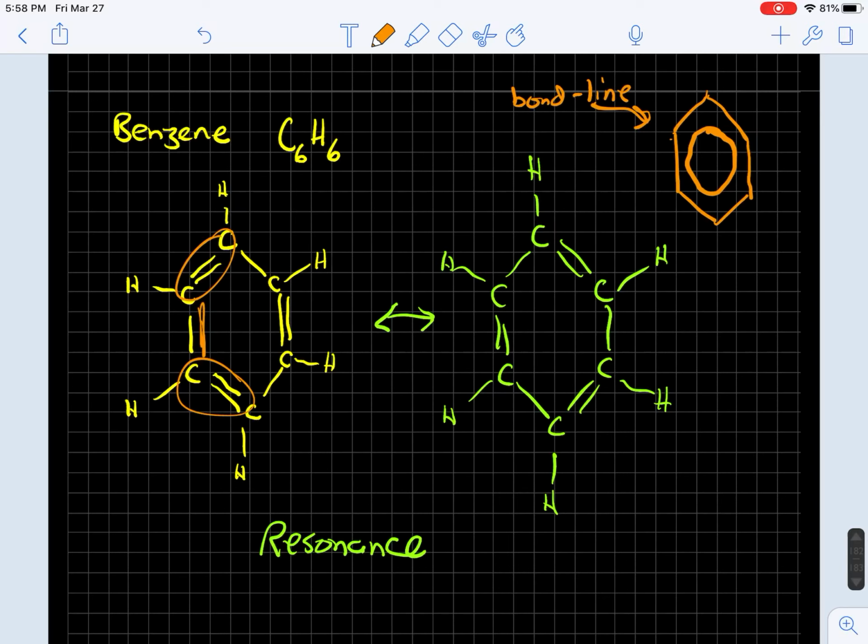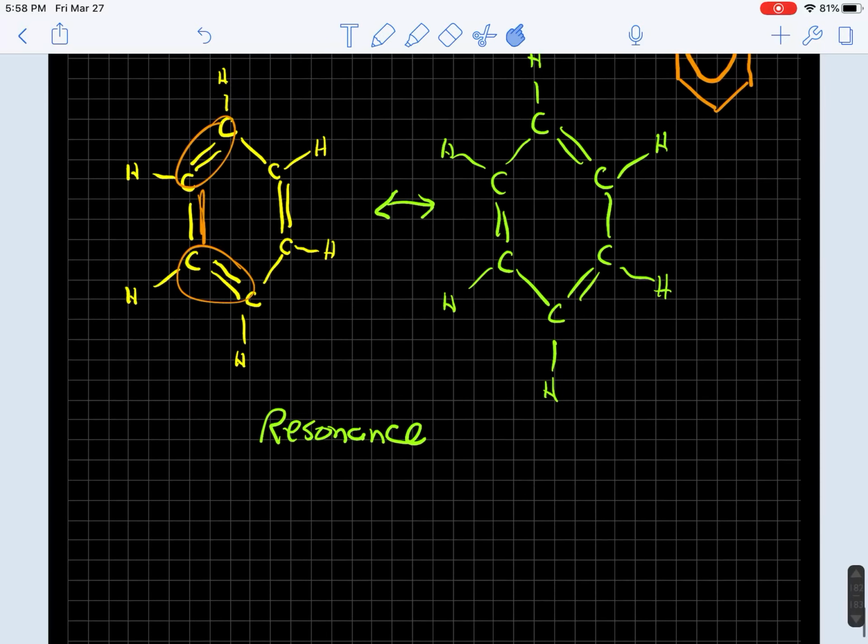In organic chemistry, we care so little for the hydrogens that in bond line structure, we don't even draw the hydrogens. For instance, let's say we had a molecule, and I showed you this earlier in the year. If we had dodecane, and dodecane is C12H26.